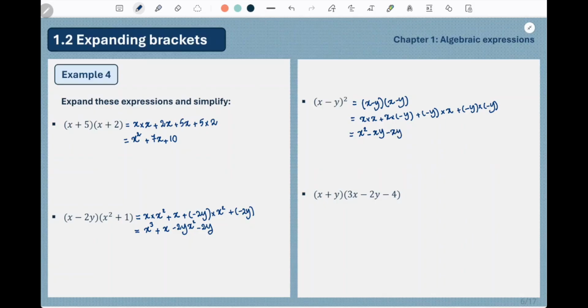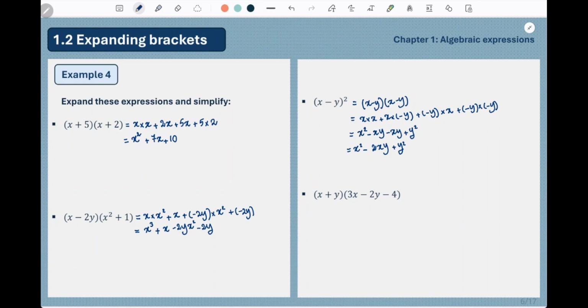It doesn't matter whether you write minus yx or minus xy because it's the same. And then minus times minus is a plus, y times y is y squared. We can simplify one further step, because they share the term xy, so it's minus xy minus xy, we can add them together and it gives us minus 2xy. And y squared remains as itself.